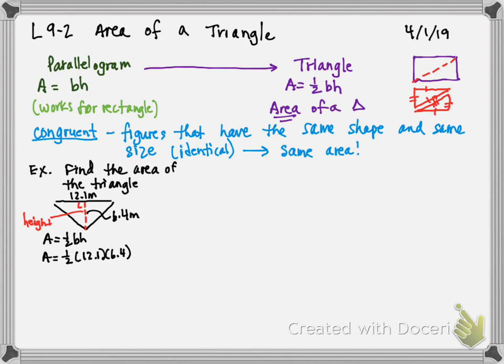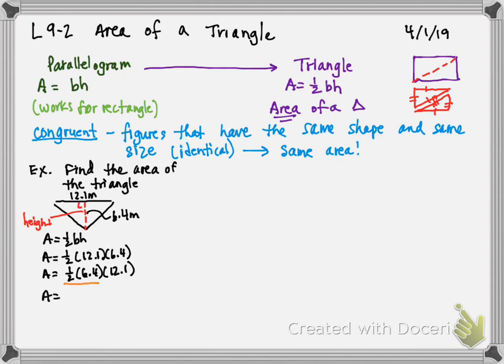So if you can see a term that's an even number, I'm going to take half of it. So if you think about the associative property of multiplication, it says we can change the order of what we multiply, and it will not change the answer. So mathematically, what I'm going to do first is take half of the 6.4. So remember what that really is, just dividing by 2.